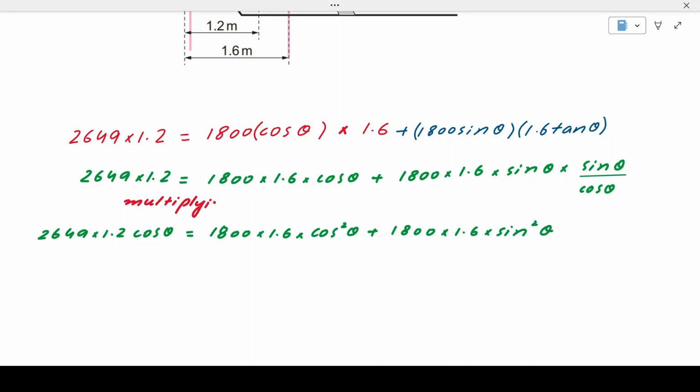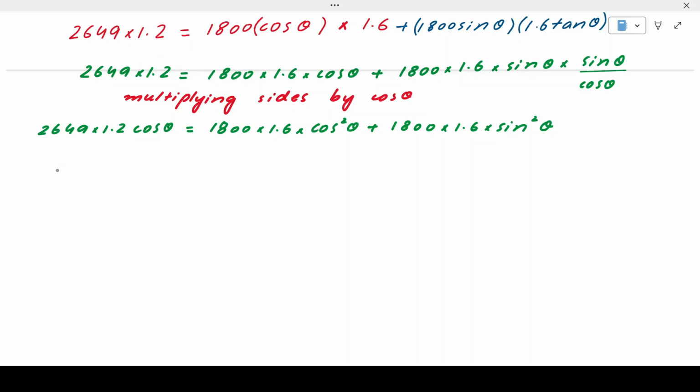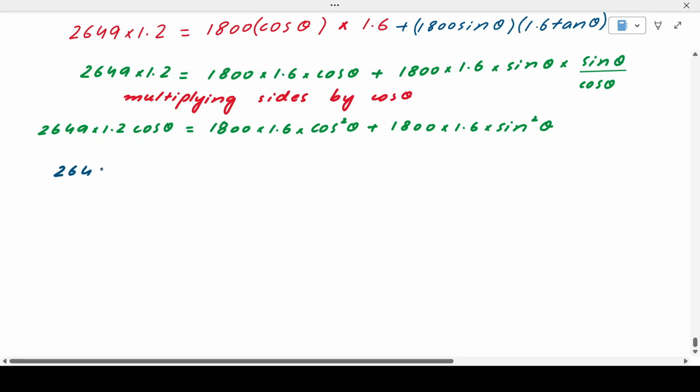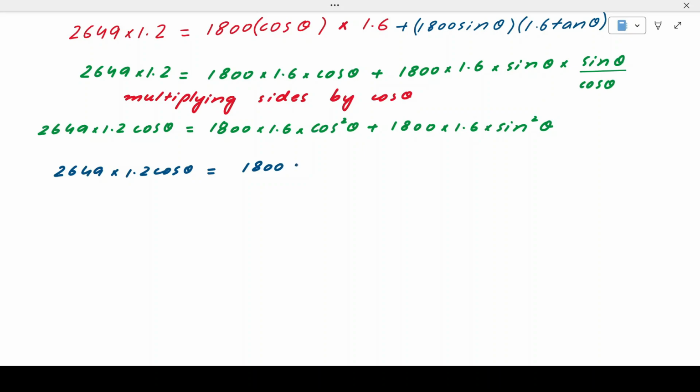How? This one as it is, 2649 times 1.2 cos theta. You take this thing common because this term is being repeated. 1800 times 1.6 here, 1800 times 1.6 here, 1800 times 1.6 is taken common. What are you left with?